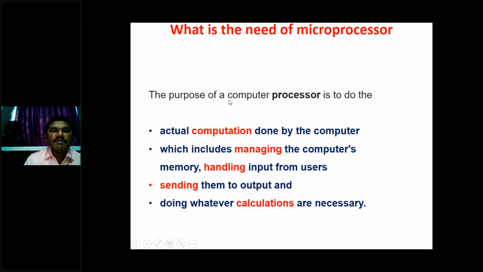The purpose of the microprocessor is to do the actual computation done by the computer, which includes managing the computer's memory, handling input from users, sending it to output, and doing whatever calculations are necessary. So these are the different operations to be performed by the processor. That's why the processor is very important. Memory management and handling operations are all done by the processor.